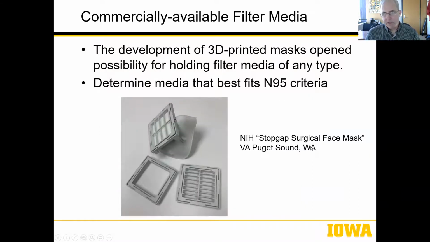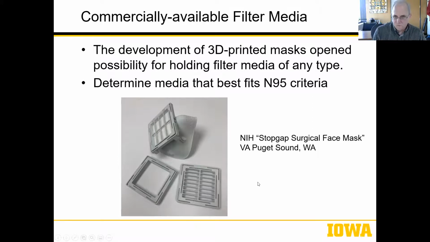And then there's commercially available filters out there. There's reasons for making filter material for other reasons than N95, so maybe they would work. And that got into the thought that maybe we could print these 3D printed masks, could hold the filter material. If we can just find the right filter material, we might have an N95 in our hands.